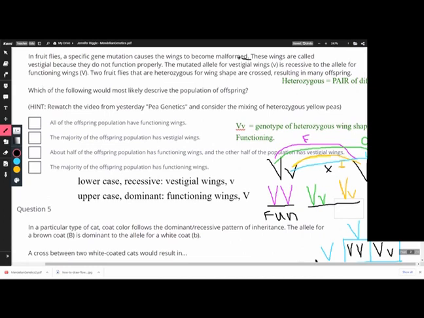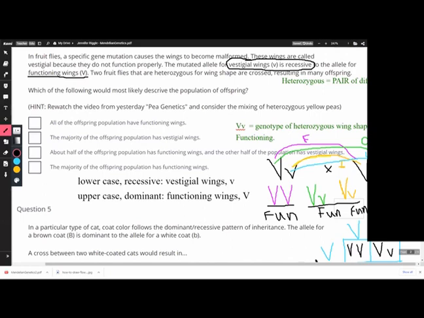Recessive is vestigial. What is the opposite of vestigial? Functioning wings. So that means these two, because they have the capital V, are functional. So I have three out of four potential fruit flies that should have functional wings.